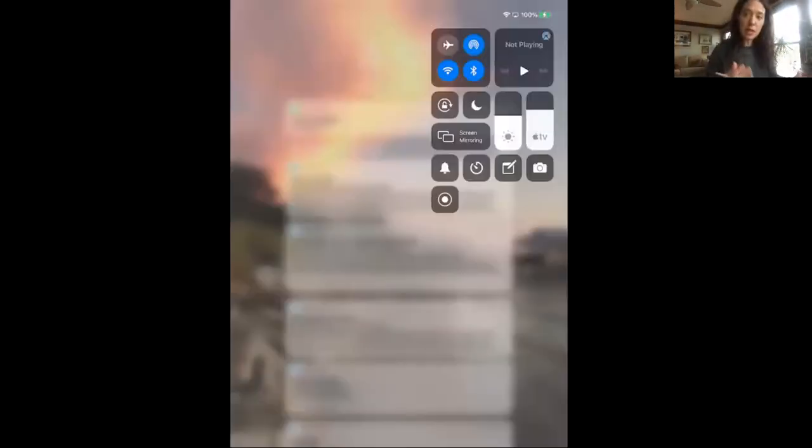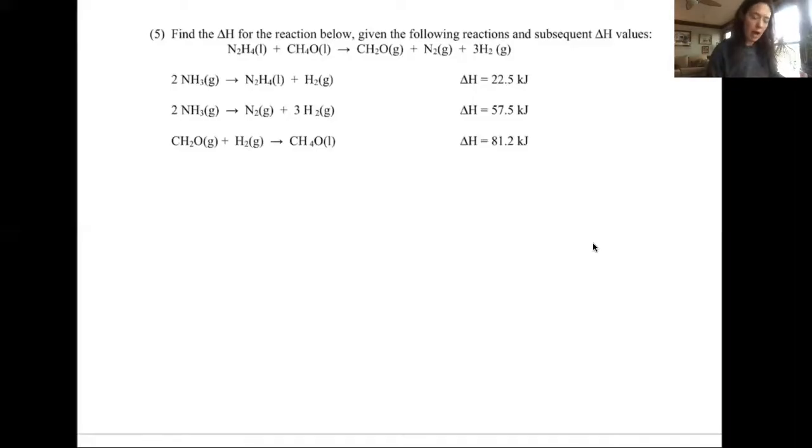And you're going to take those equations and manipulate them so that the overall equation has the same reactants to products as your target equation. Okay, so let's look at what happens when you do the manipulation that is required.